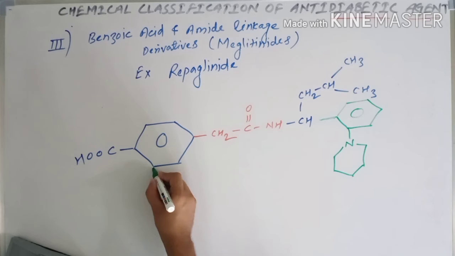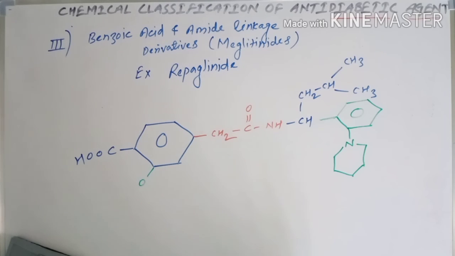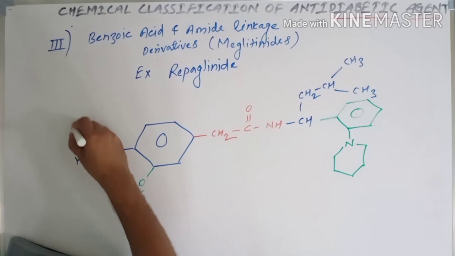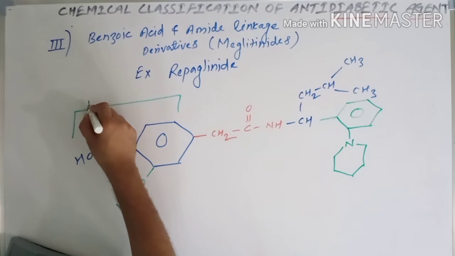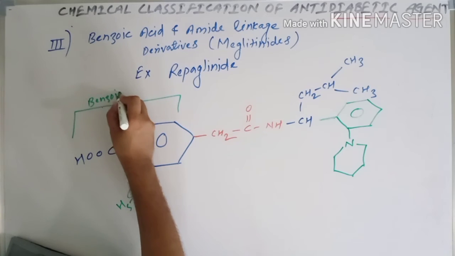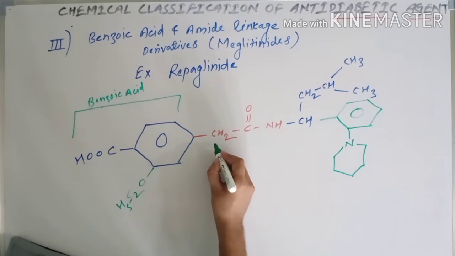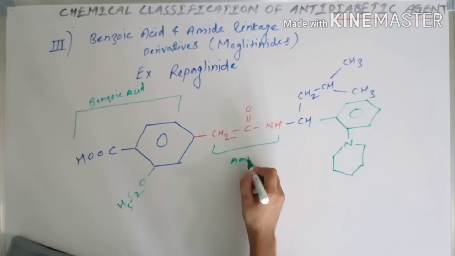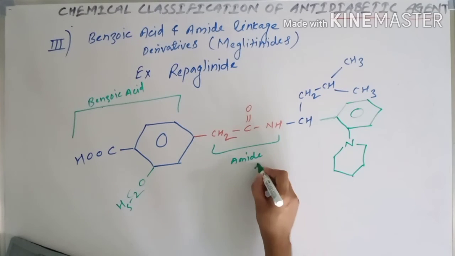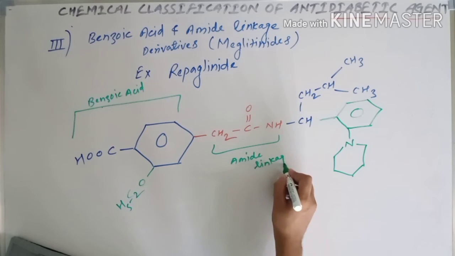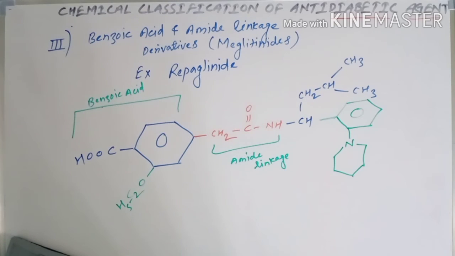Now you have to memorize that here one group is there, ethoxy C2H5. This is your benzoic acid part, and this is your amide linkage. You have to memorize this structure and this functional group. So this is your repaglinide.